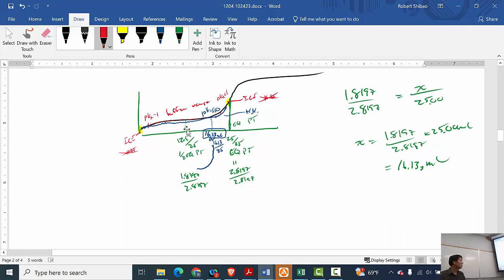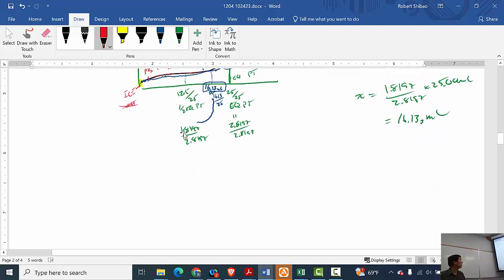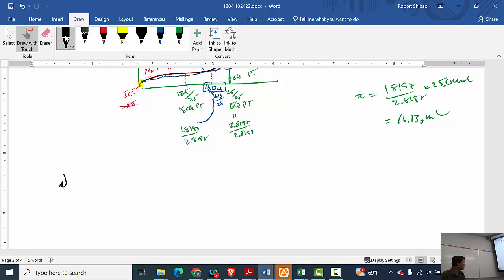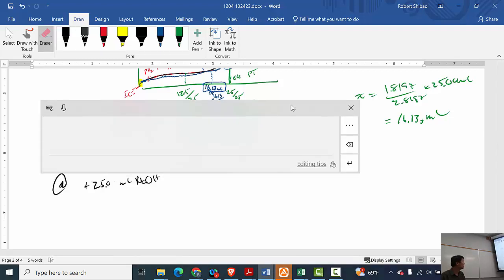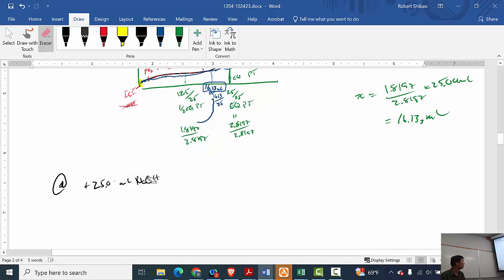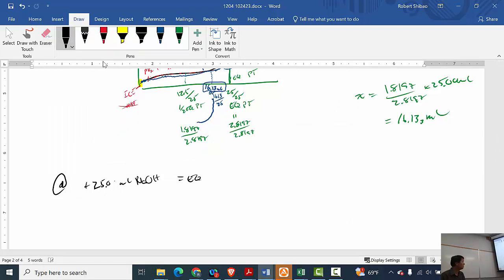All right, let's calculate the pH at the equivalence point next. So at plus 25.00 milliliters of NaOH. Forgot if I did 4 sig figs, probably 3 sig figs, I think. And so this is going to be the equivalence point.